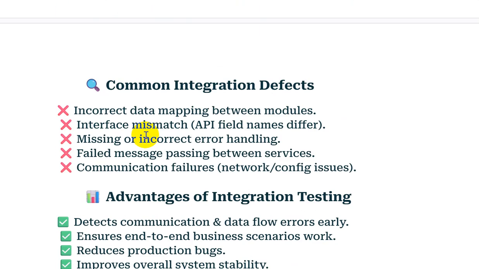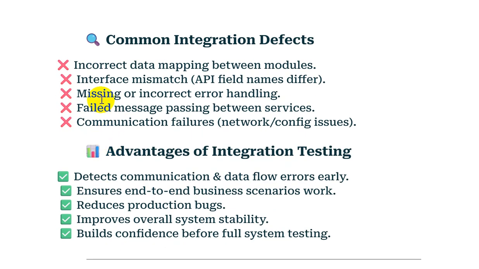Now some common integration defects: incorrect data mapping between the modules, then interface mismatch like API field names. There might be different field names in the API, or missing or incorrect error handling. Failed message passing between the services: if any service fails, then the messaging system is not working properly, so we are not getting messages properly.